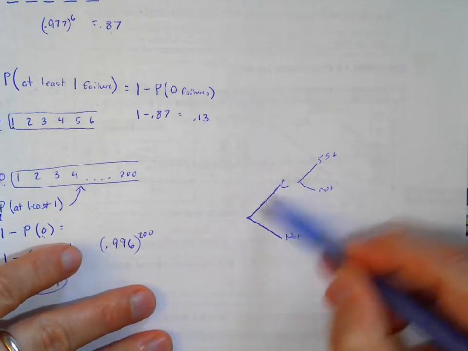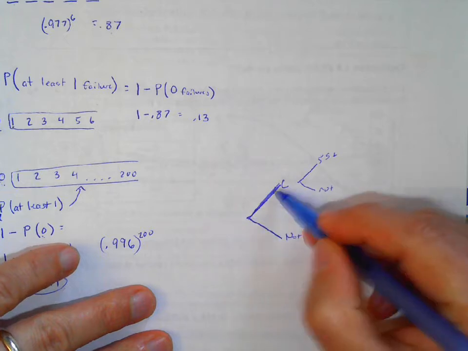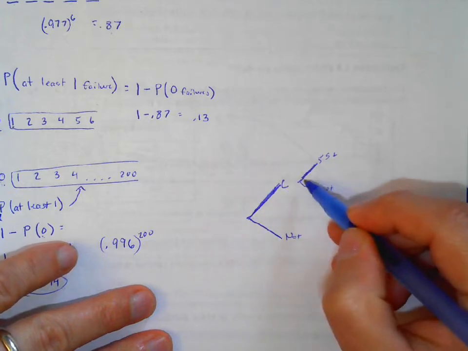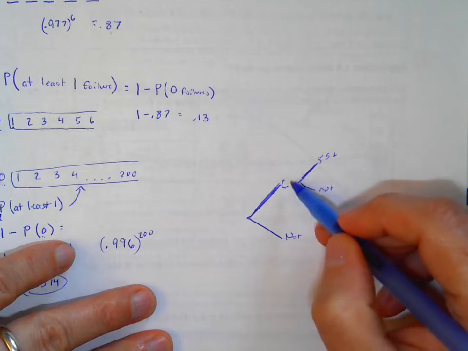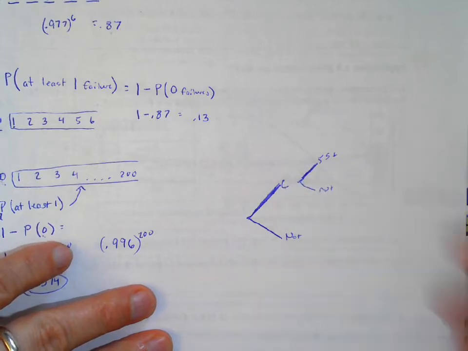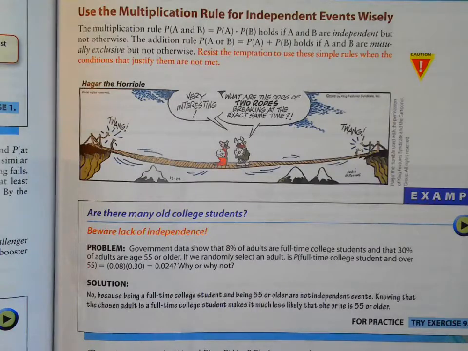If I know that it's a college student, I can't just take this times this, because the probability of somebody being 55 and a college student is not very high, right? So they are not independent events. Knowing that somebody's a college student tells me something about their probability of being over 55.